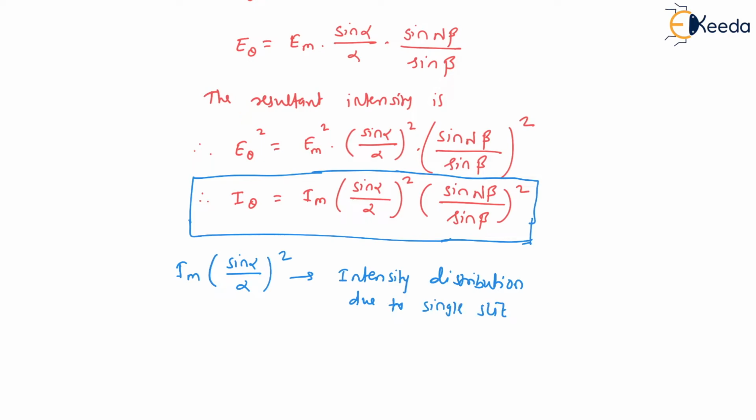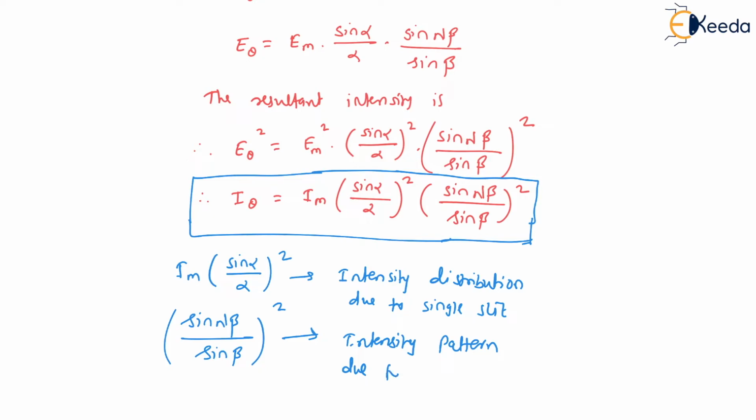In the same way, the second one, sine n beta divided by sine beta bracket square, gives the intensity pattern due to n number of slits.